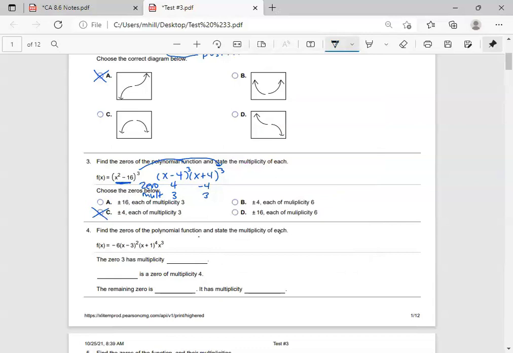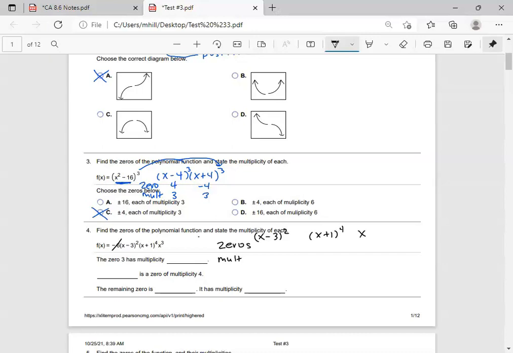Okay, so it's asking me to find the zeros and to list the multiplicity of each of these things. Negative 6 would be the first thing I look at, but negative 6 doesn't have an x in it, so I don't have to worry about it. Okay, the next one I'm going to look at is x minus 3 squared. That has an x in it, x plus 1 to the 4th.